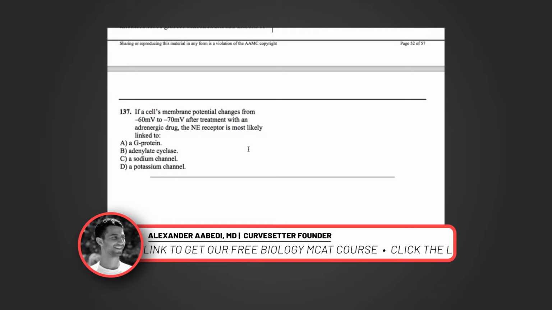So let's see. If you're changing the potential from -60 to -70, right? So which one of these, if you have an opening, will cause hyperpolarization? Okay, so that's the best way that I can phrase this question. So out of these four choices, which one of these could lead, or most likely would lead, to hyperpolarization?